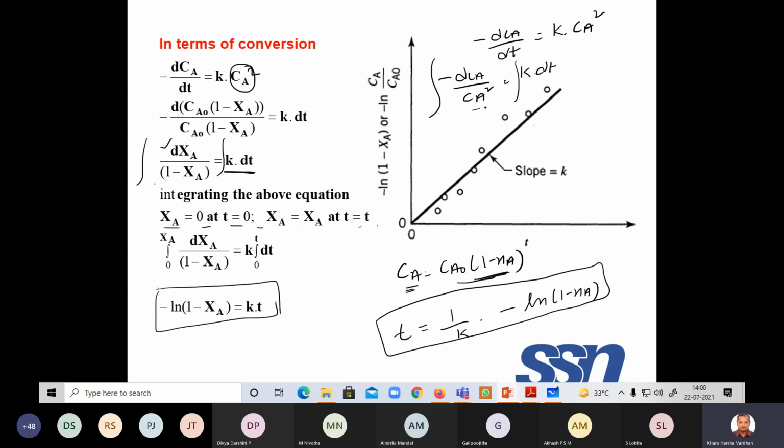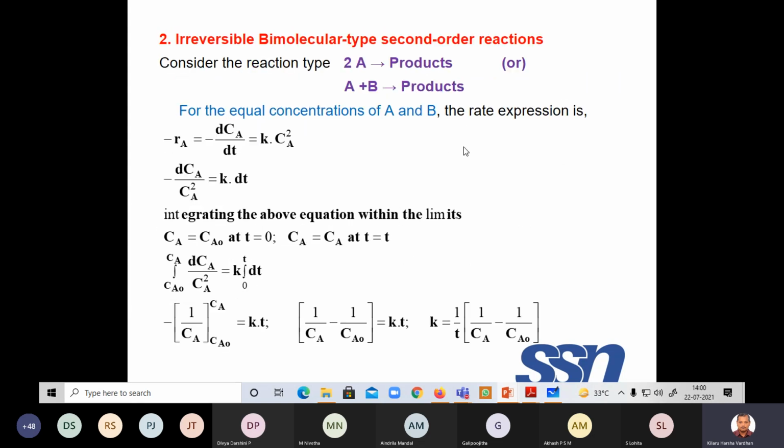Understand? So this is where it will change. I'll show you that in the next class when you are having the square.